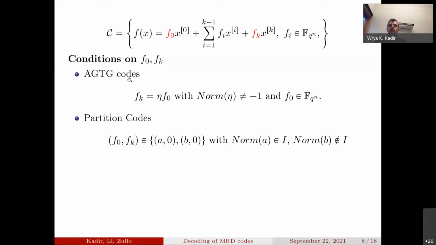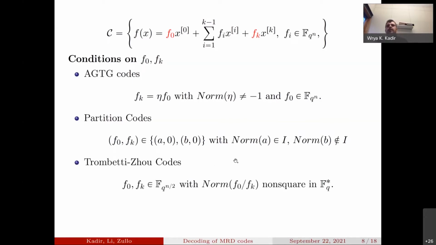For the partition codes, which were again proposed by Ferro and Otto, both these codes are proposed by these two researchers. And for partition codes, we also have this condition on the coefficients F0 and Fk. You can see here I is a subset in the base field, not the main extension field.